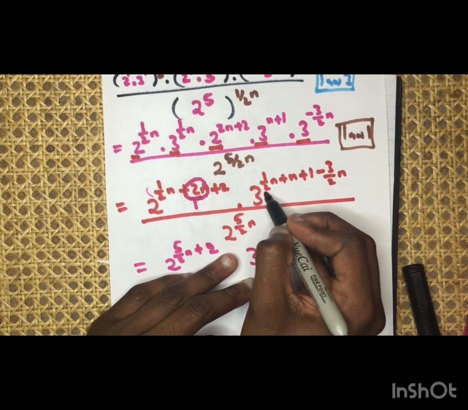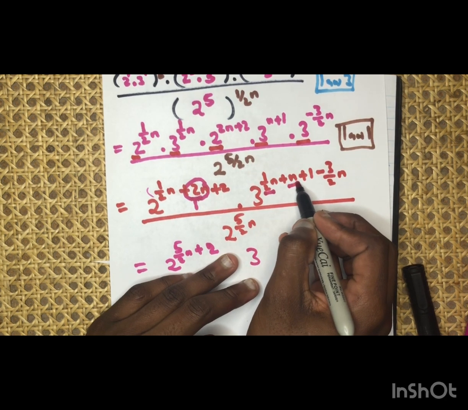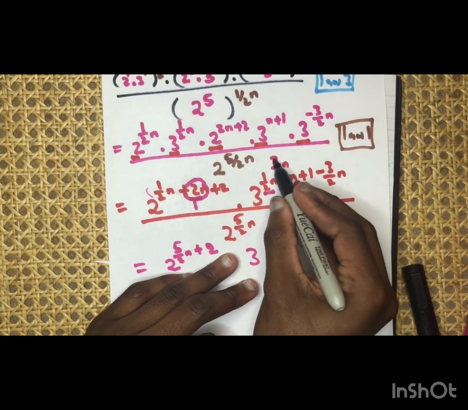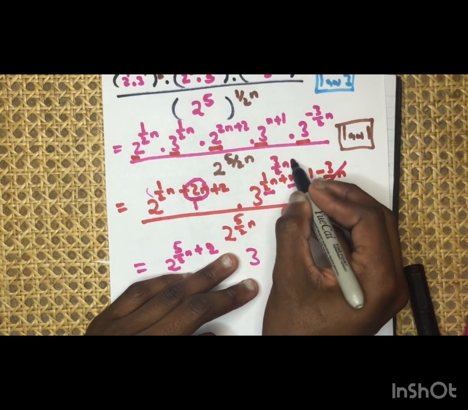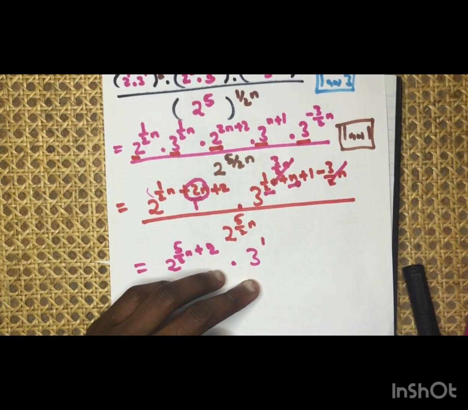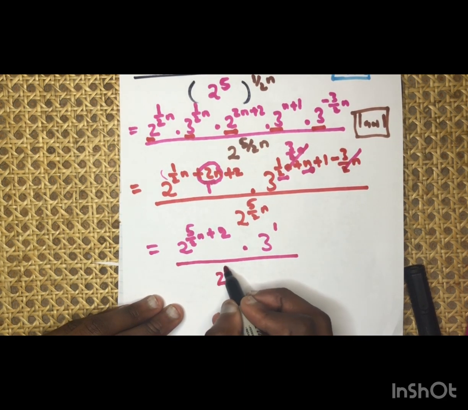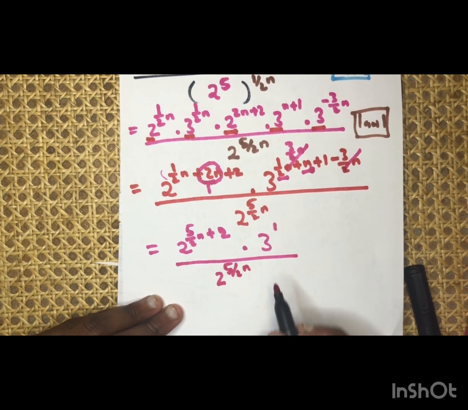Remember, I have half plus 1. Half plus 1 will give me 3 over 2n. So this 3 over 2n will cancel this one. We're going to cancel this n. Then you're left with 1. All right. So over 2 to 5 over 2n.